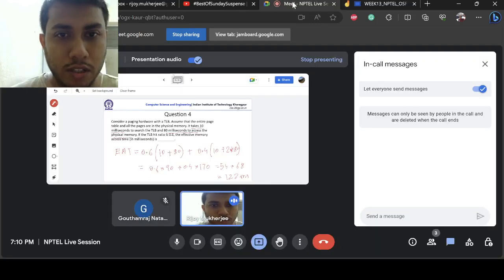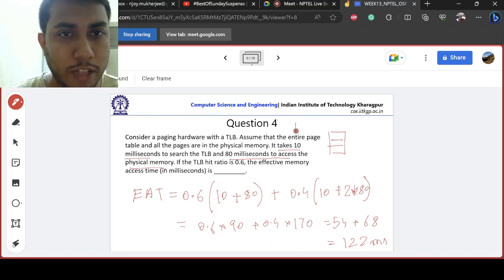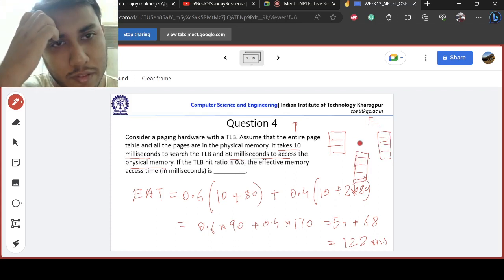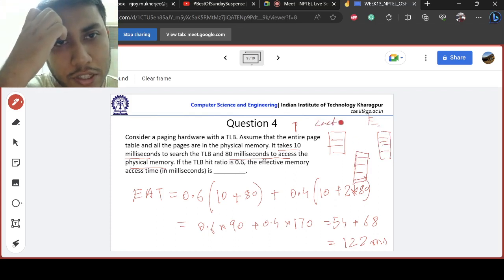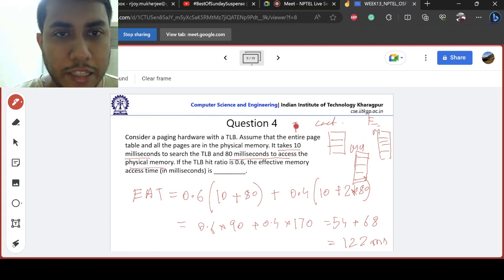Right. So this we have studied in the class. If we have a TLB, then there is your page table, and then there is your physical address, a frame. Now TLB is fast, it is a cache. This is in your main memory. So if the CPU asks, the OS first checks the TLB.